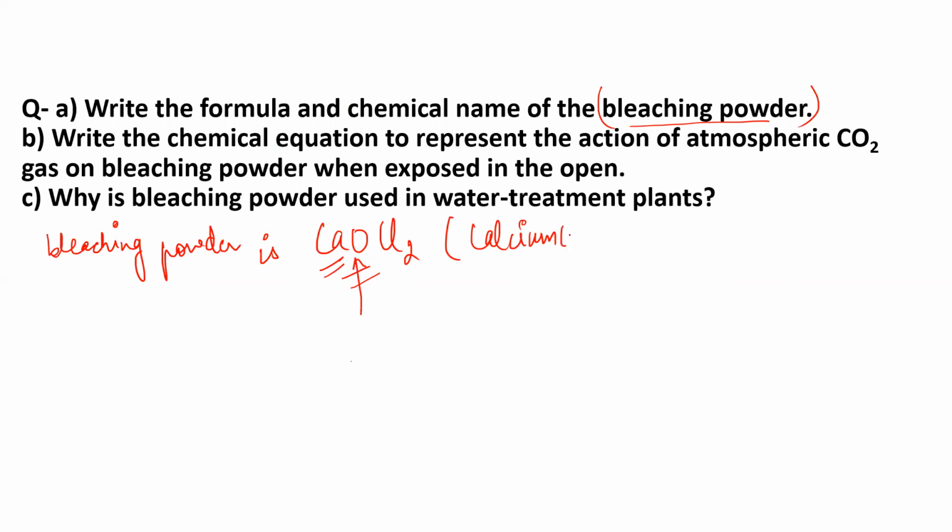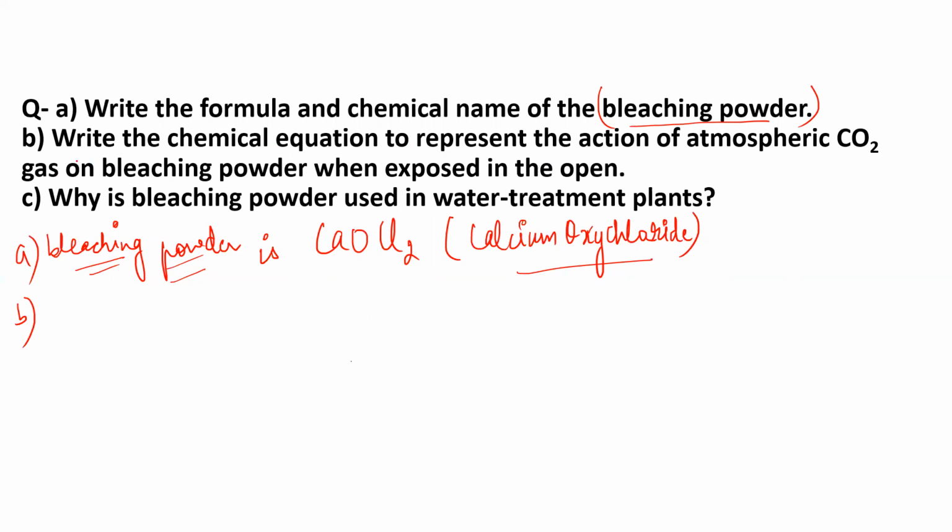For oxygen, we use oxy only, and we have Cl2, so we write chloride. So this is the chemical name, calcium oxychloride. So this is the chemical formula, and this is the calcium oxychloride. So this is all about part A.